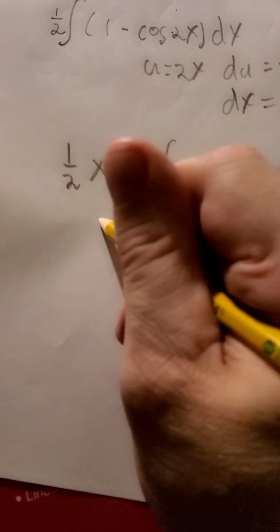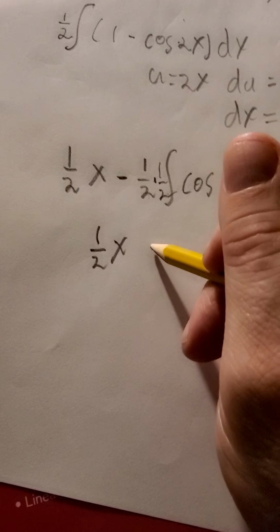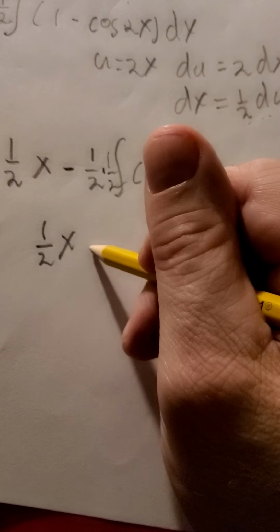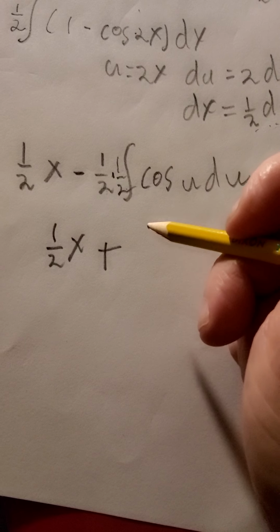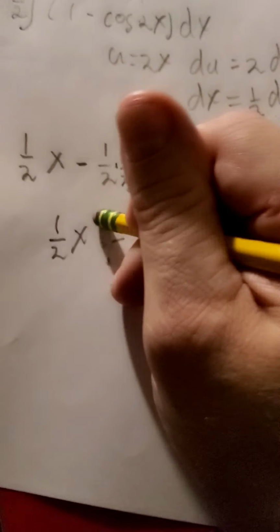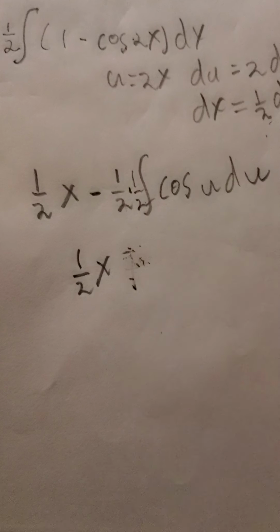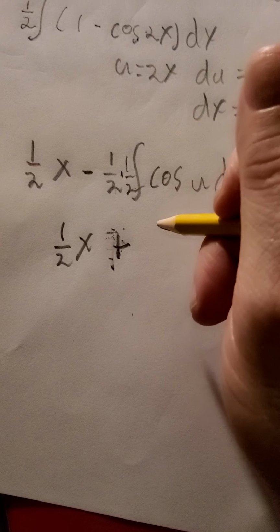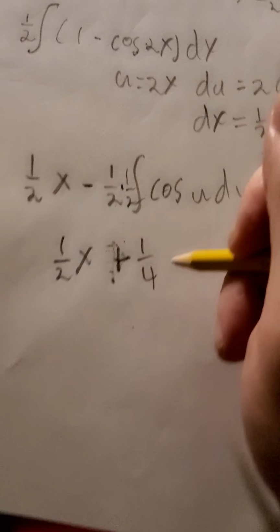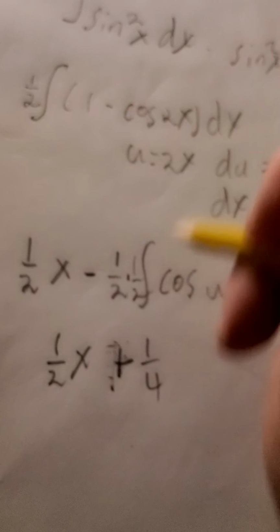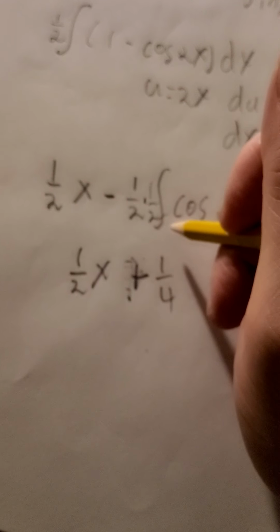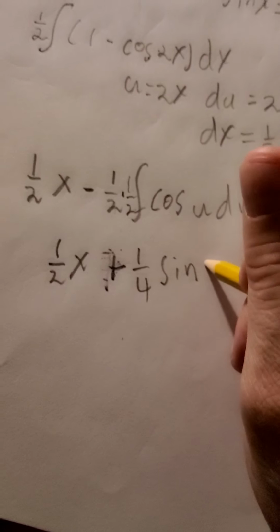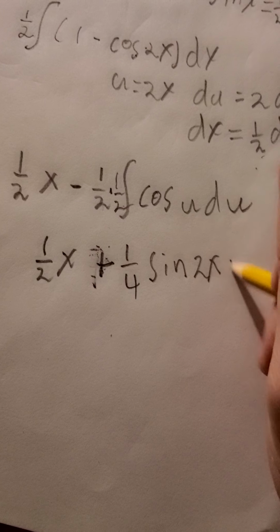Okay, so now I'm going to get 1/2 x minus, okay, plus 1/4. Oh, and is this right? Yeah, the integral of cosine equals sine. Yeah, that's right, sine 2x plus c.